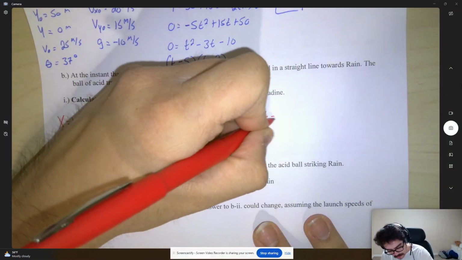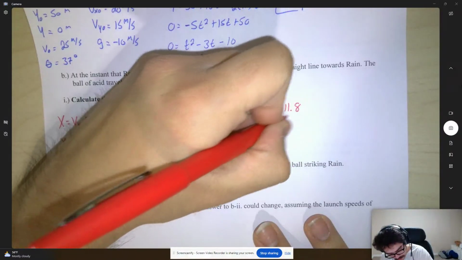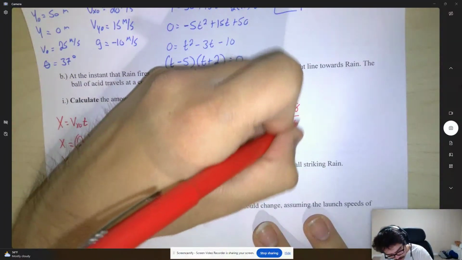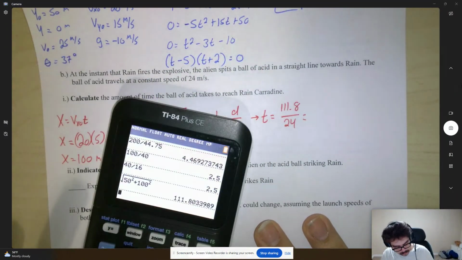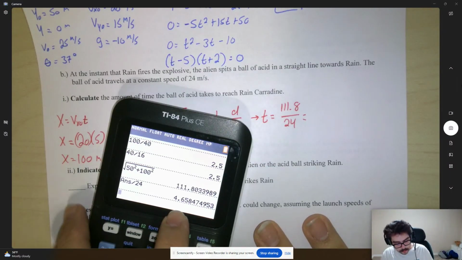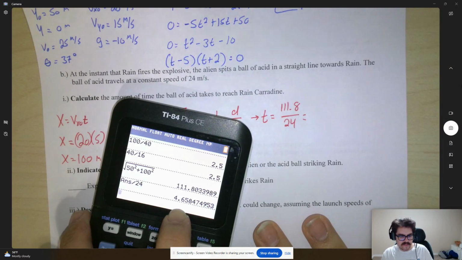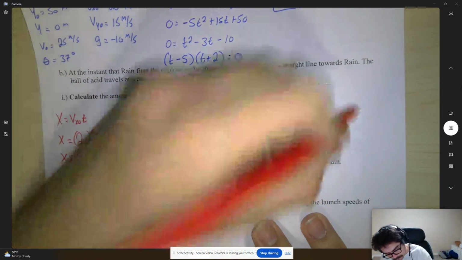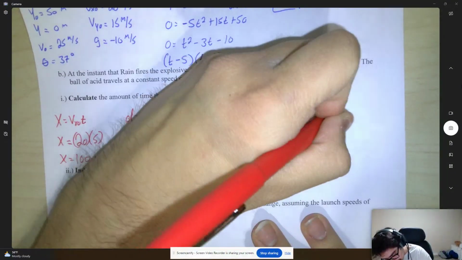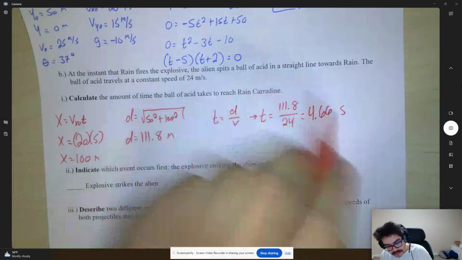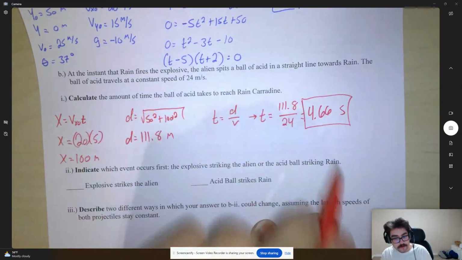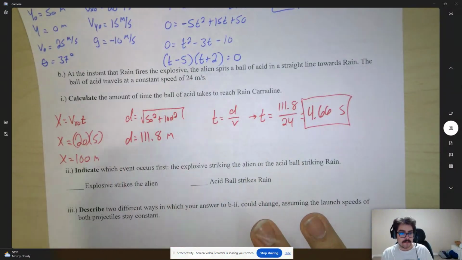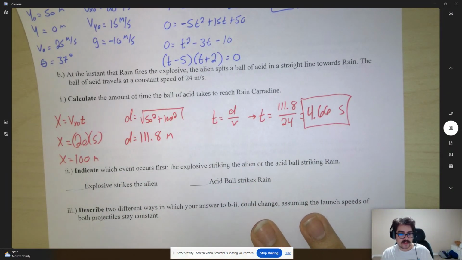Plug your stuff in, and it gets you 111.8 over my velocity, which is 24, and I get about 4.65 seconds. This is not going to hit first. Actually, no, sorry, back up. The ball of acid is actually going to hit Rain before the explosive hits the alien.